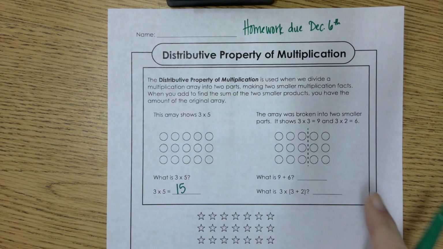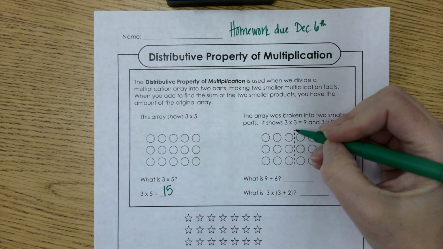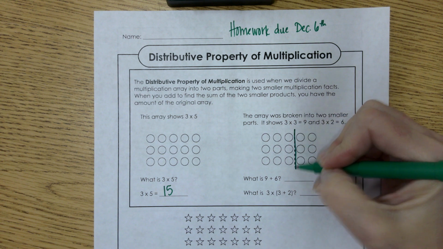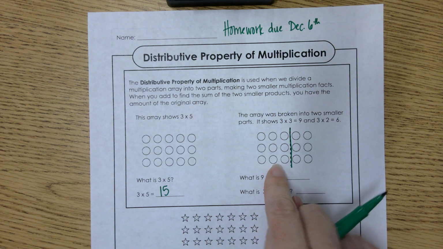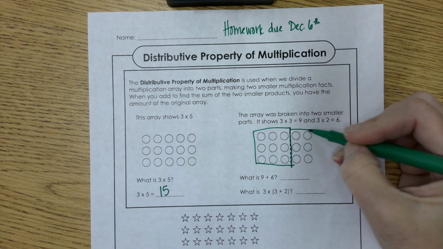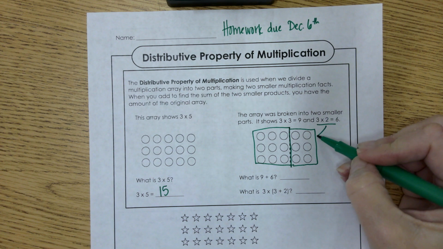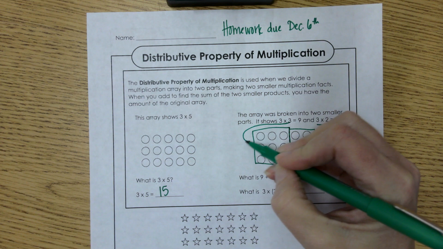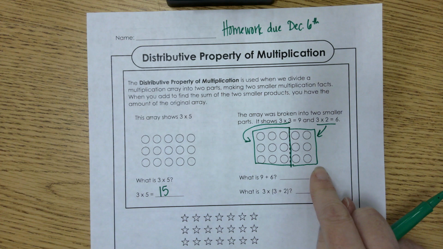But over here, what we have is breaking it down into two smaller equations. So if you split your array into two different parts, then you've got 3 rows of 3 over here, and then you have 3 rows of 2 over here. So that's just what this is saying up here. 3 rows of 3 equals 9, and 3 rows of 2 equals 6.